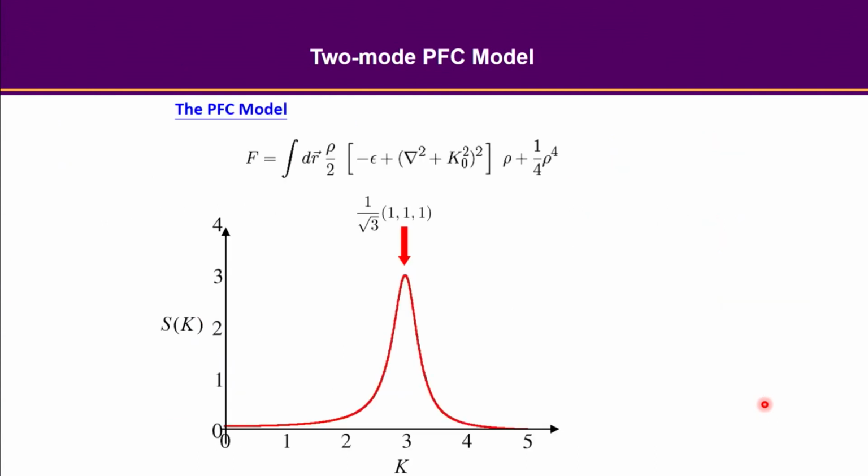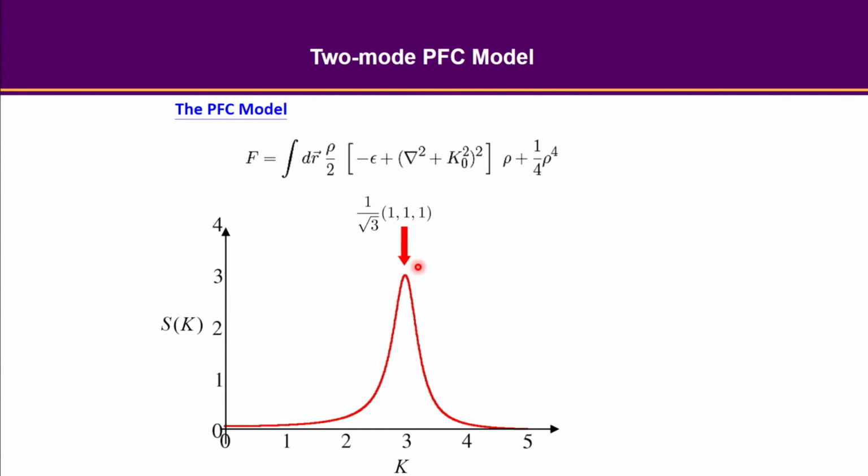Okay, so how do we use that idea in PFC? In the original PFC, we know this kernel is Laplacian plus 1, so k0 is basically 1. To be precise, I'm using rho sometimes and psi sometimes. We showed that in the one-mode approximation, this kernel is associated with the structure factor.